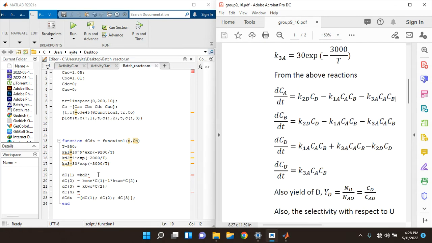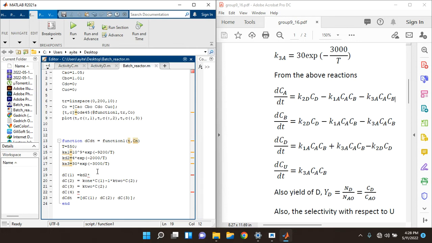So K2D CD, times. Cn, because we are using Cn for the concentrations. So Cn and then a bracket.